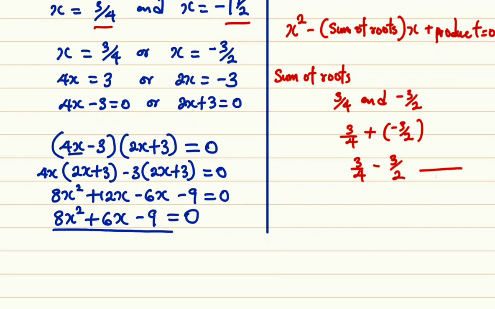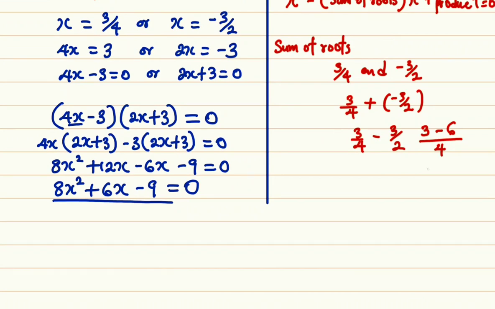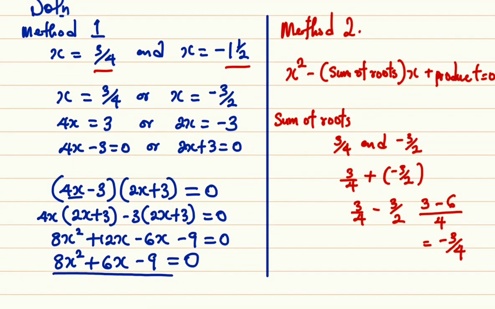Now I'm going to pick the LCM as 4, so I'm going to have 3 here. Then of course I'm going to have minus 6. So basically I'm going to have minus 3 over 4. Okay, that is the sum of roots.